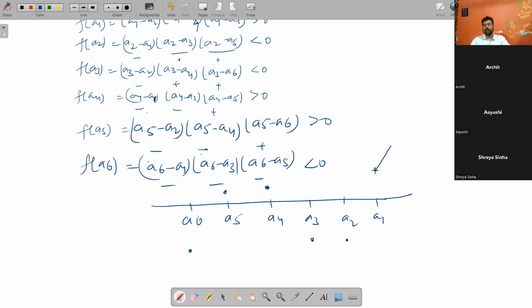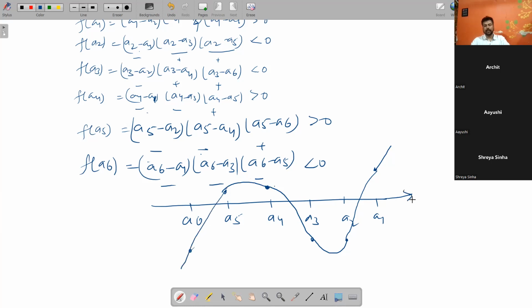If the graph is upward, above the x-axis, and suppose it comes like this, then at A2 the value of the function has to be negative, so the function has to come down directly like this. Again, for A3, the graph will go somewhere like this. For A4, it has to become positive, so the graph will go up, and then it has to be negative, so it will come down.